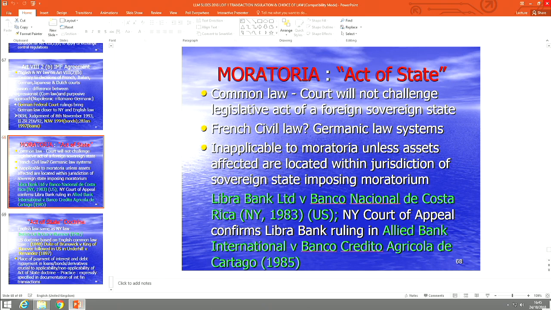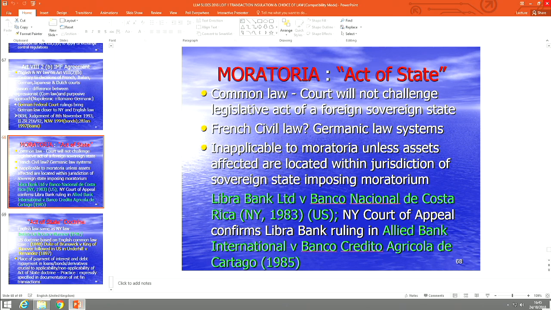What the two sets of courts said was that the Act of State doctrine, which would prevent a court from questioning an Argentine moratorium or a Russian moratorium or anybody else's moratorium, applies only if the assets which are affected by the moratorium are located within the jurisdiction of the sovereign state imposing that moratorium.